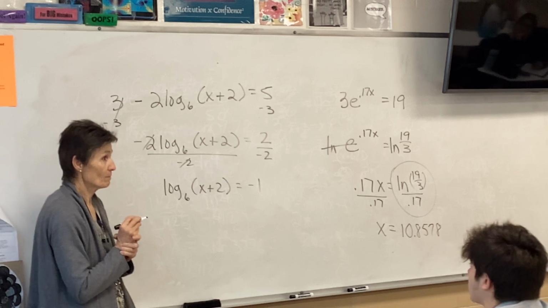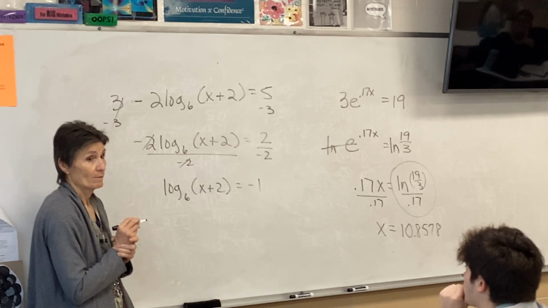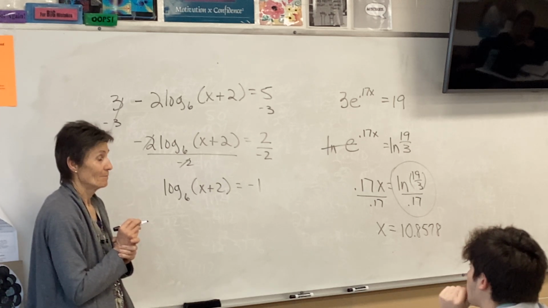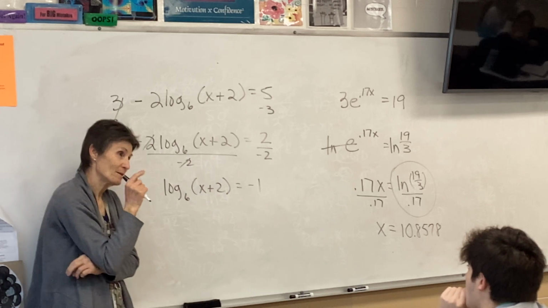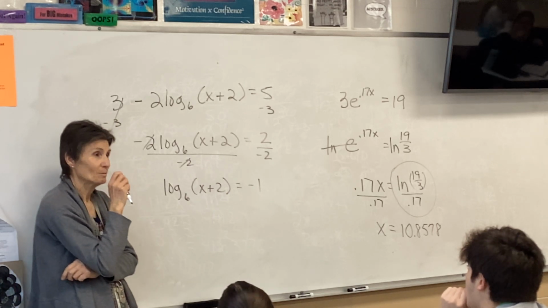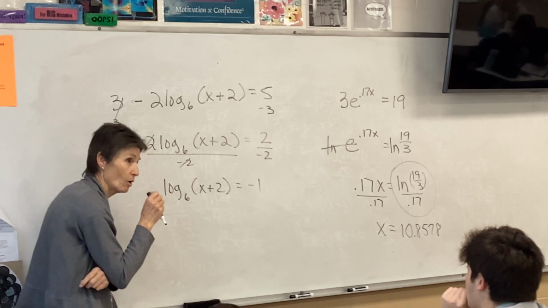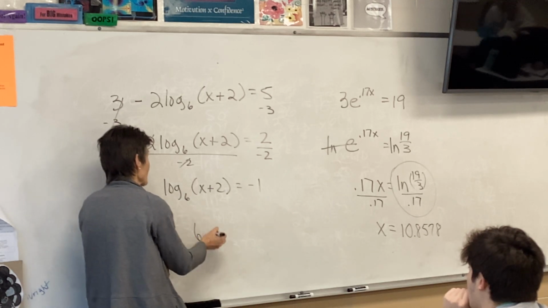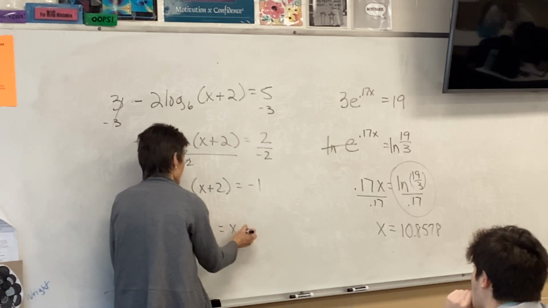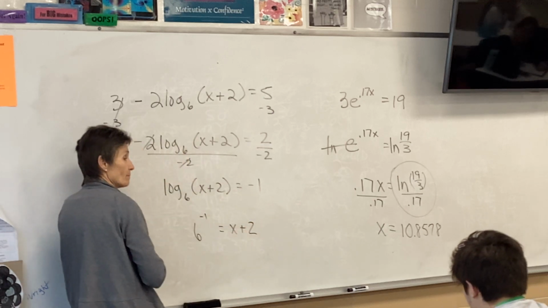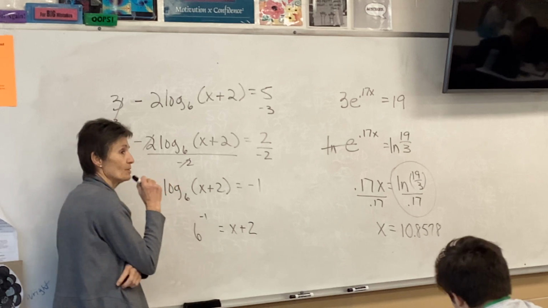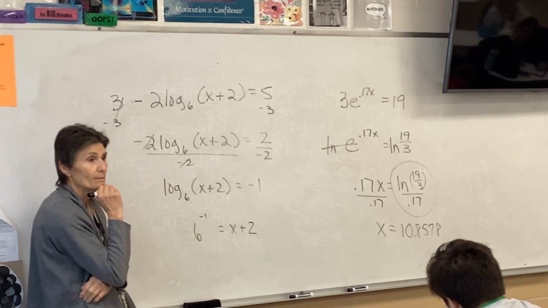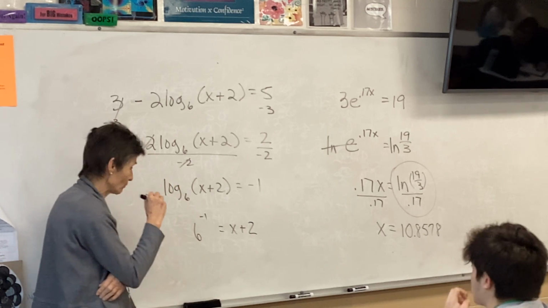Is that okay with everybody? Right, now what? You did this part on your quiz. Would be 6 to the negative 1. Yes, we log roll it, that's exactly right, Kate. So 6 to the negative first equals x plus 2. What does 6 to the negative first mean? 1 over 6.